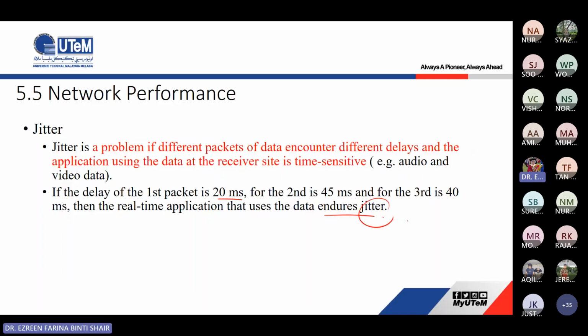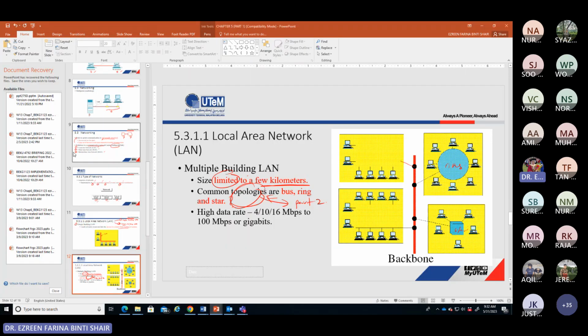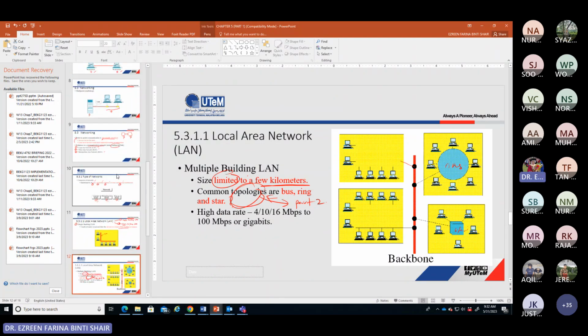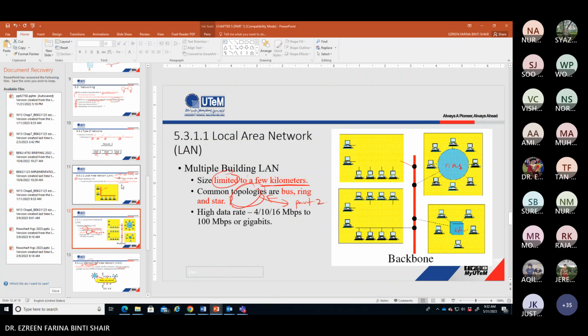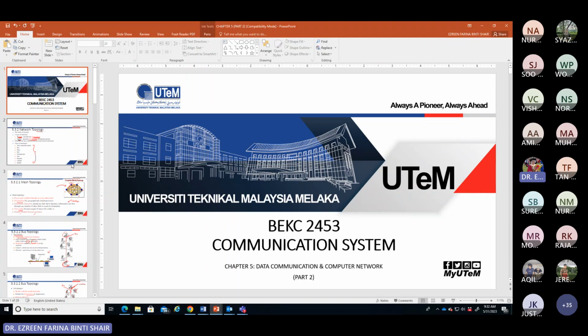Okay, so that is basically chapter 5, part 1 and also part 2. So a lot of theory. I just want to highlight that the important ones you should know are the types of networks: local area network, metropolitan area network, and also the wide area network, and also the network topology.